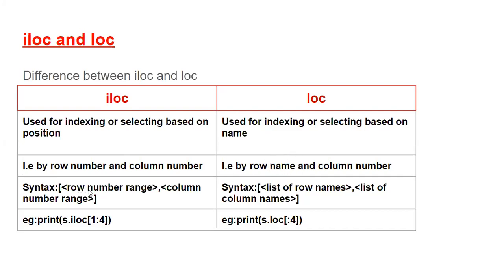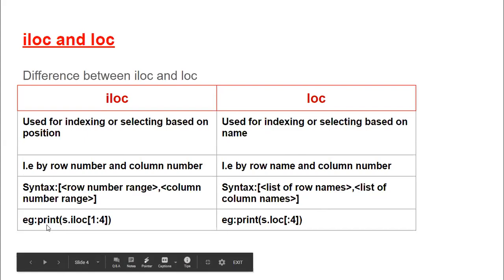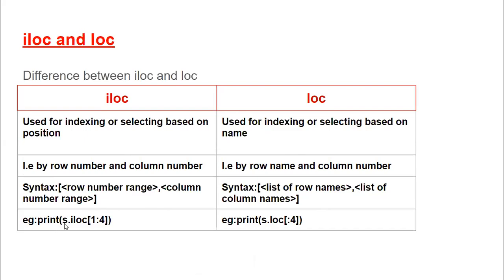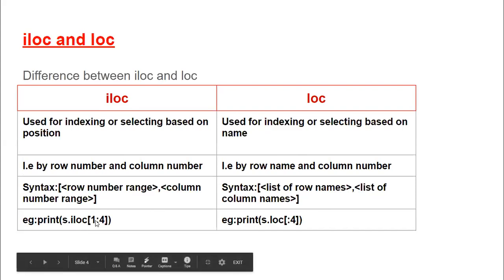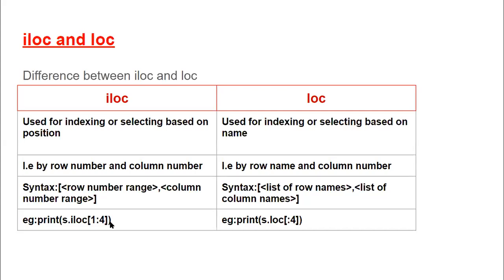The syntax is row number range, comma, column number range, or list of row names, comma, column names. So an example, it will be like this. In print, s is our variable where we have stored our series, s.iloc of 1:4. That means from 1 to 4 you want to print from the index, that is the meaning.